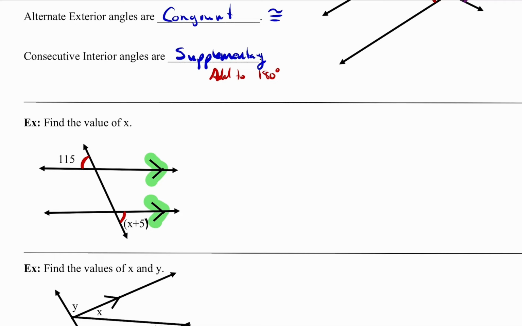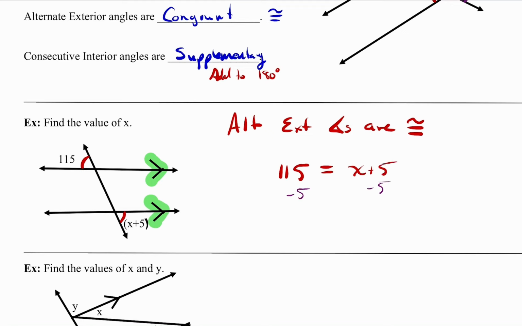I know that alternate exterior angles are congruent, and if they're congruent, I can set their measurements equal. 115 is going to be equal to x plus 5. Then I'm just doing some basic algebra, subtract 5 from both sides, and I know that x has to be 110.